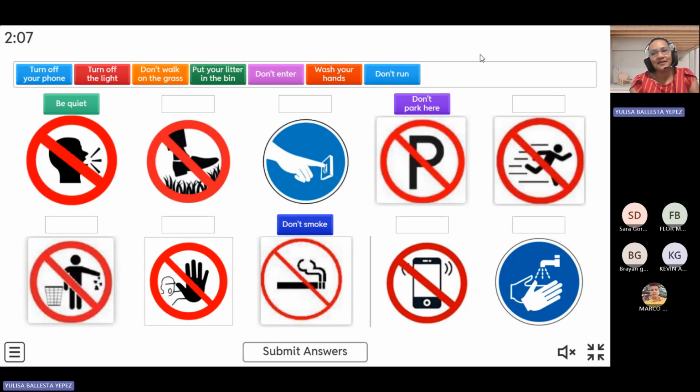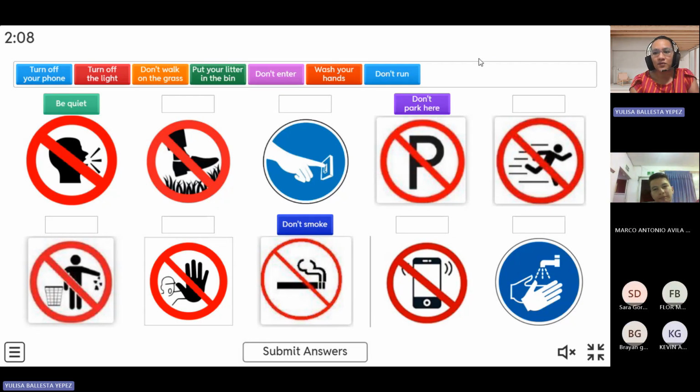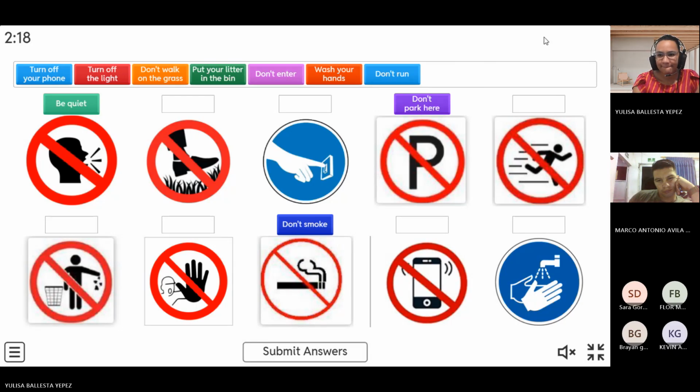Let's continue with Kevin. Kevin, please choose one number of the image and give me the phrase that describes it. Kevin, can you hear me? Kevin, are you there?